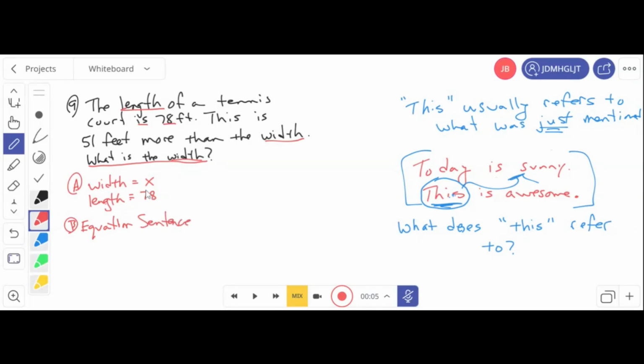Okay, we have to be careful. The length of a tennis court is 78 feet is not the equation sentence. The equation sentence is, this is 51 feet more than the width. That's the equation sentence.